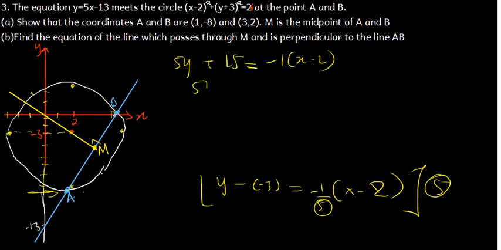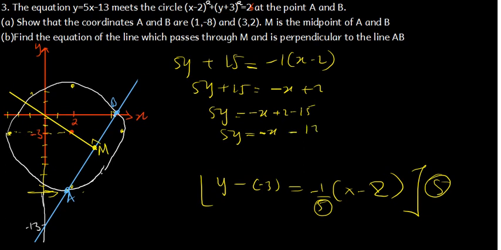So it gives us 5y plus 15 is equal to -x plus 2. We take the 15 the other side, that will be -15, so that will be 5y is equal to -x plus 2 minus 15. 2 minus 15 is -13.